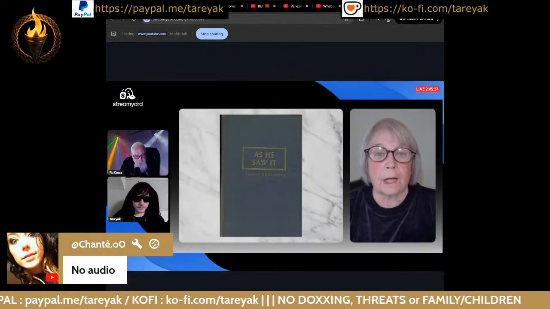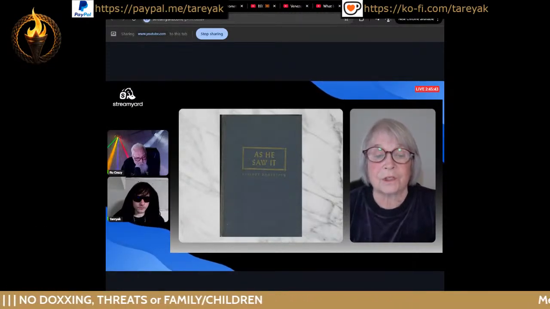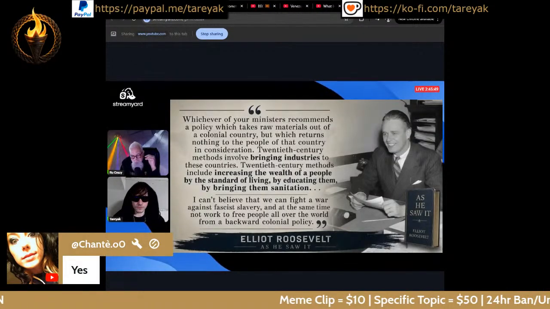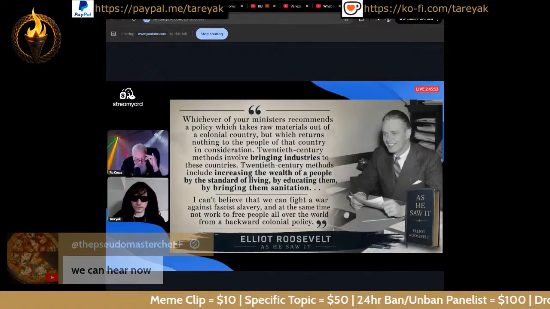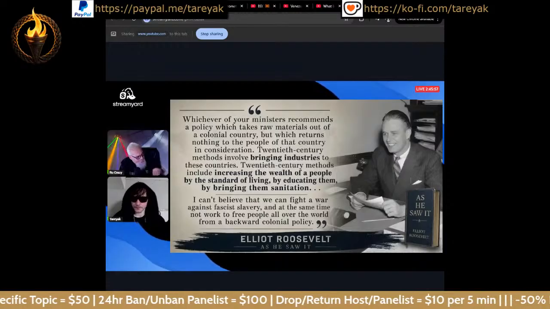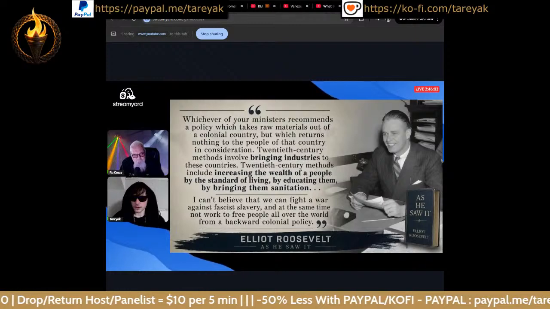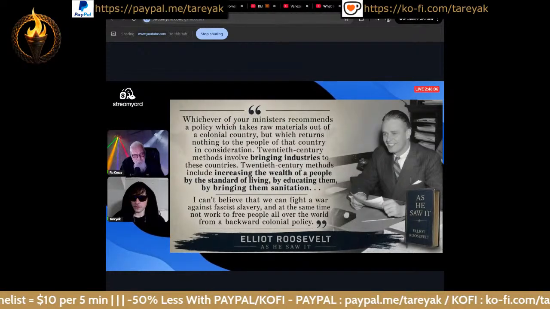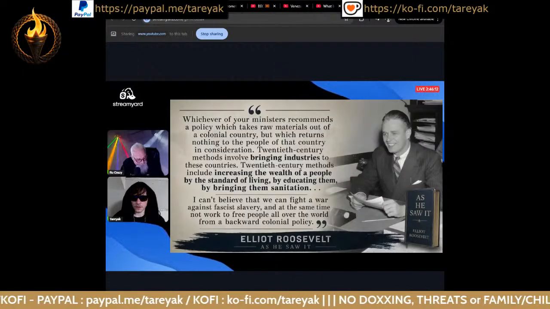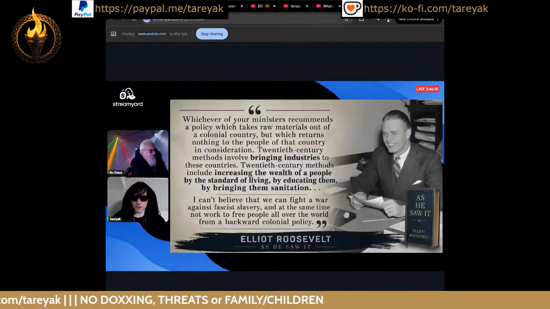Here's how FDR described those 18th century methods to Churchill, as set forth in Elliott Roosevelt's book, As He Saw It: Whichever of your ministers recommends a policy which takes raw materials out of a colonial country, but returns nothing to the people of that country in consideration. 20th century methods involve bringing industries to these countries. 20th century methods include increasing the wealth of a people, raising the standard of living, educating them, bringing them sanitation. I can't believe that we can fight a war against fascist slavery and at the same time not work to free people all over the world from a backward colonial policy.